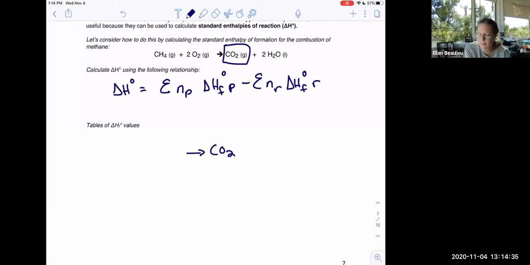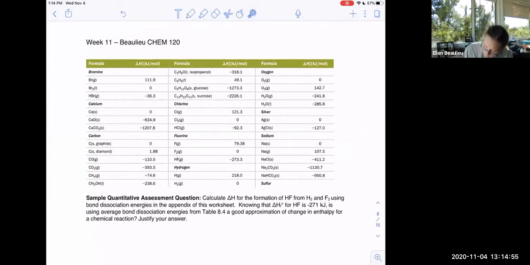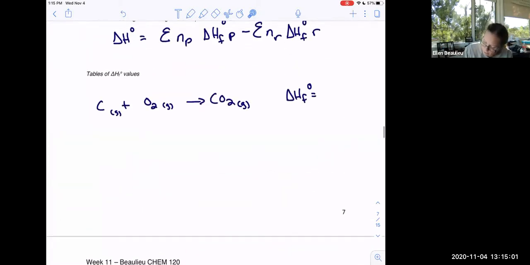So one of my steps needs to make some carbon dioxide gas as a product. Well, how would I make that? I would make it from carbon in the solid state and oxygen in the gas state. The delta HF naught for that reaction from my table, negative 393.5 kilojoules.